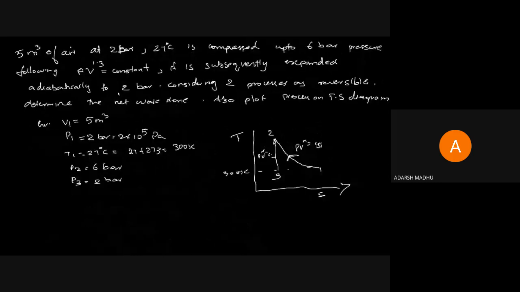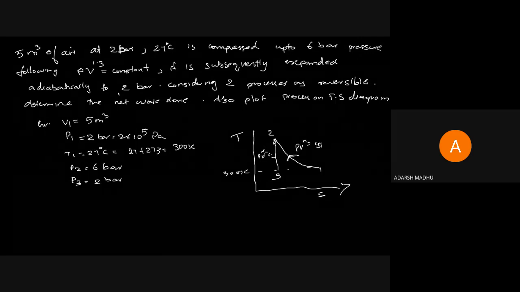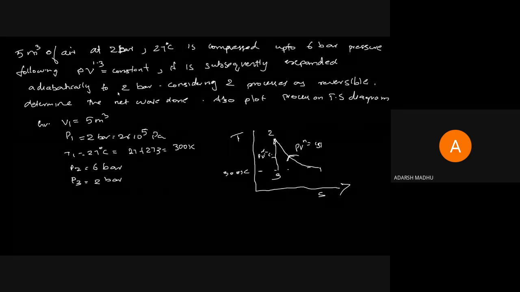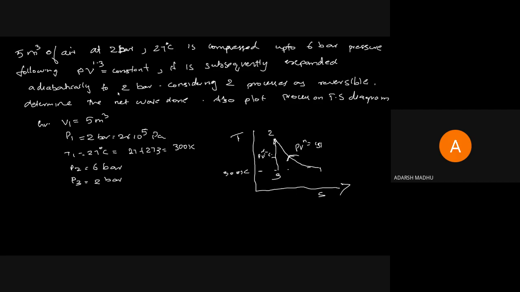So for this problem, is the question clear? 5 meter cube of air at 2 bar, 27 degrees Celsius, that is the initial volume, pressure and temperature, is compressed up to 6 bar pressure.